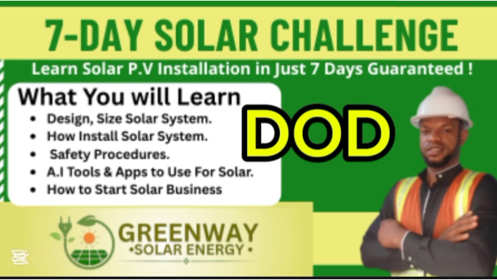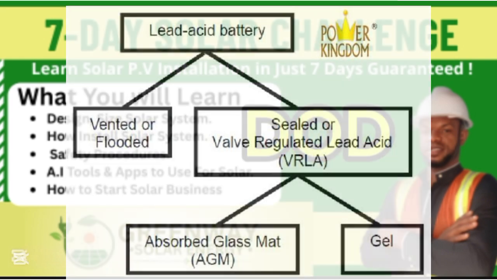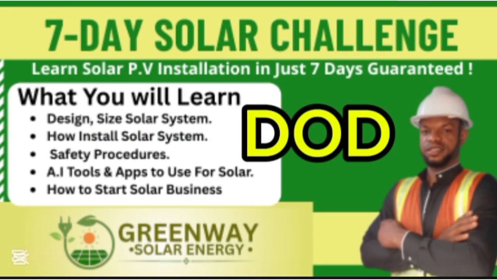If that continues for a long time, it's going to result in the battery being discharged quickly. What you will notice, especially in flooded lead acid battery and other forms of lead acid battery, it will quickly indicate that it's fully charged, and then as soon as the sun goes down, it will quickly discharge. Do you understand?